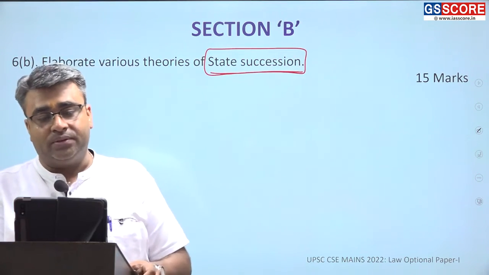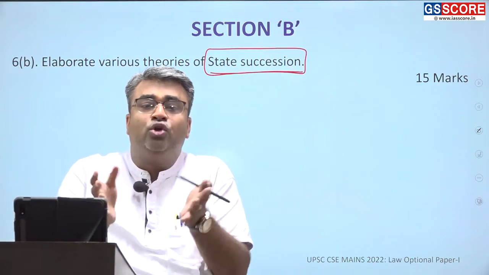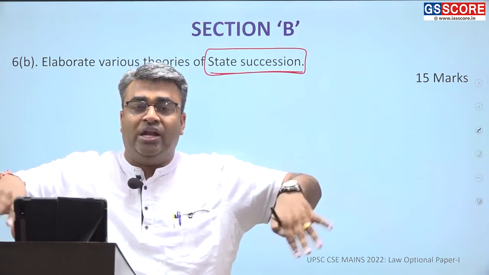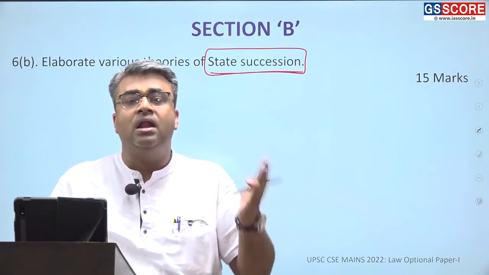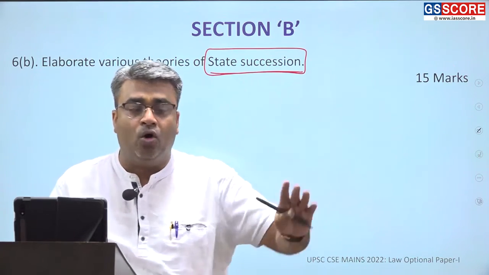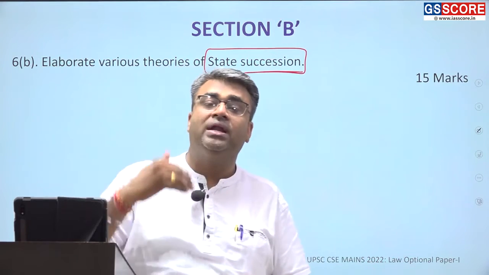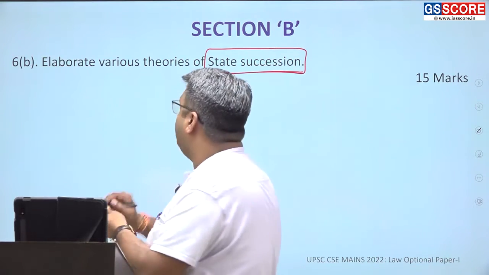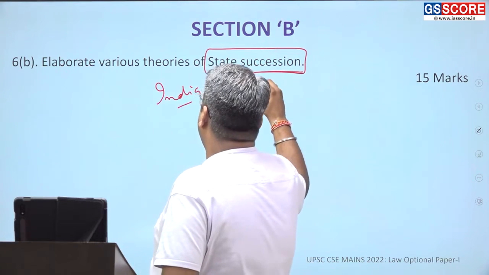So generally what happens, when due to merging or separation, new states come into the picture, then the main question is what is the ultimate liability of the new state or the old state. For example, at the time of independence, India got partitioned.